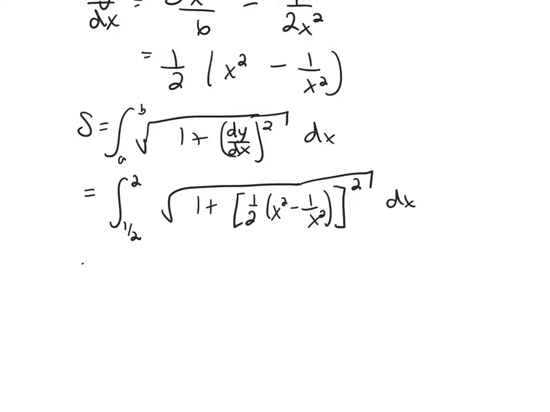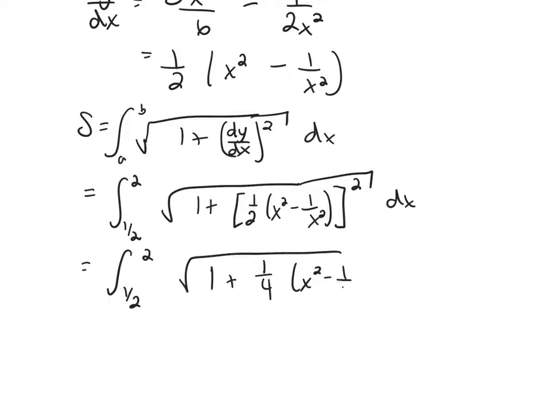All right, so let's simplify this. 1 plus 1/2 squared would be 1/4, and this would be (x squared minus 1 over x squared) squared.